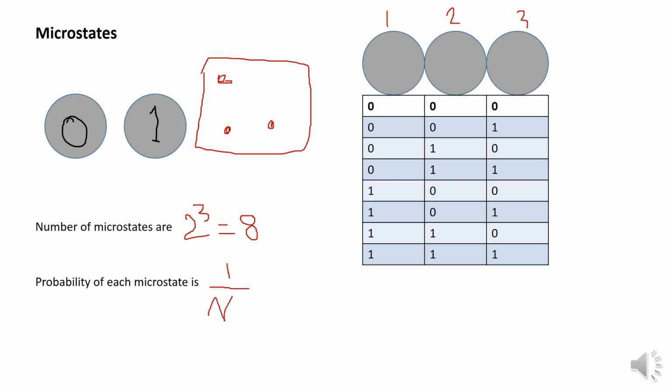Here the total number of microstates is 8. So the probability of each microstate is 1 divided by 8.